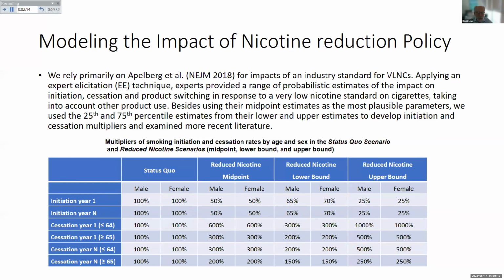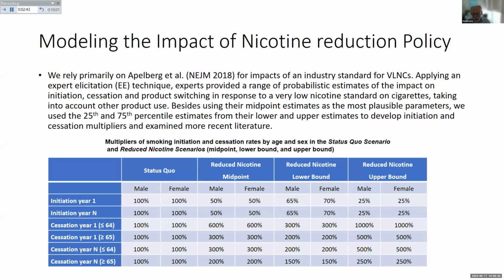Looking at our midpoint evidence, an important distinction we make here is differential impacts in the first year and in following years. That's important because in general, you see this with policies, the biggest impacts are often in the first year, or maybe in the first couple of years, but we model it into the first year for simplicity.